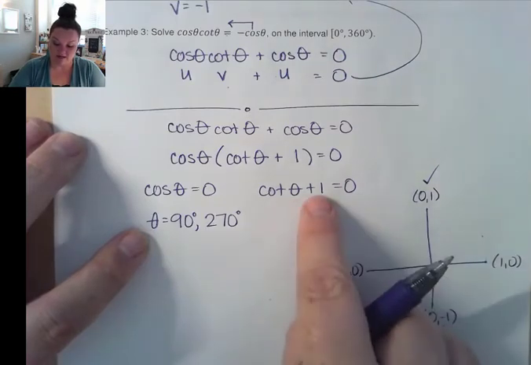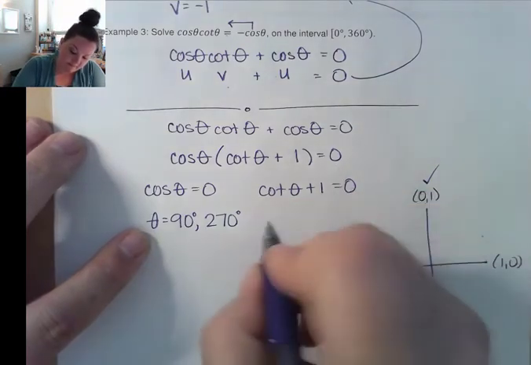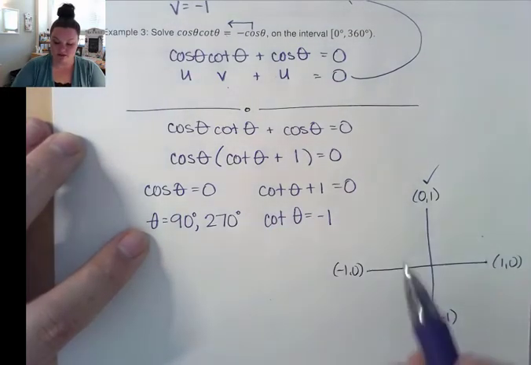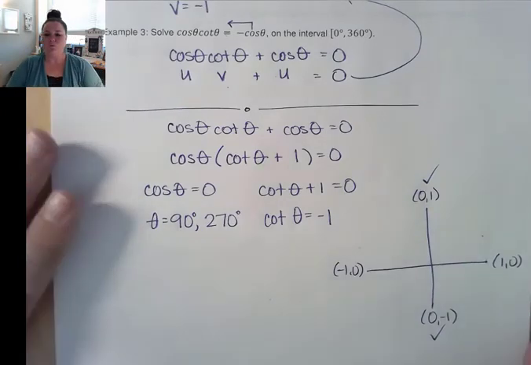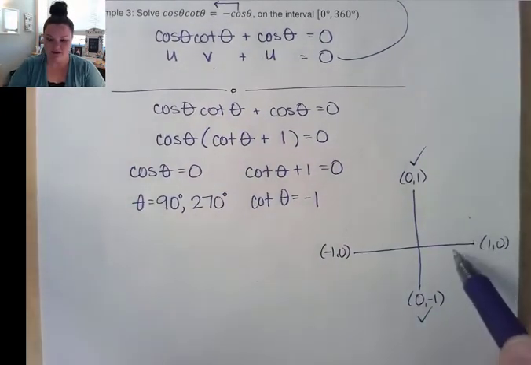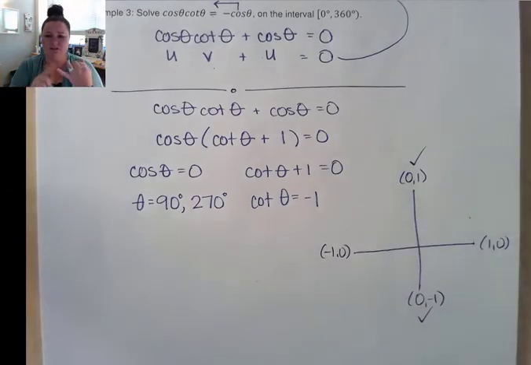For this one, I need to move my 1 to the other side. So I have cotangent theta equals negative 1. Now, we're not used to dealing with cotangent, right? When we talk about the unit circle, usually we're dealing with sine, cosine, and tangent. So I would really prefer to write this in terms of tangent because that's something I'm more familiar with.